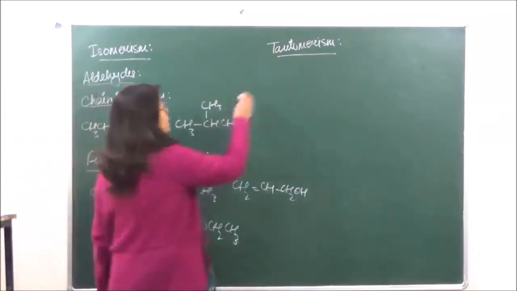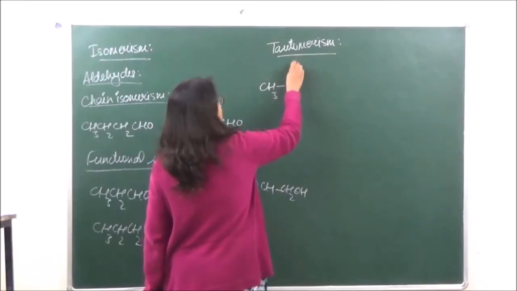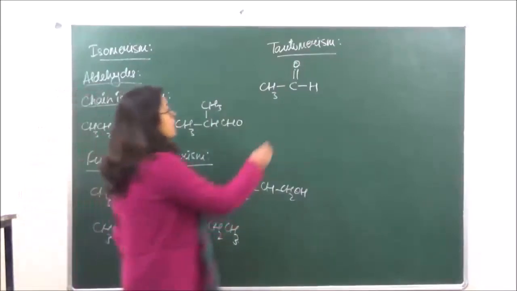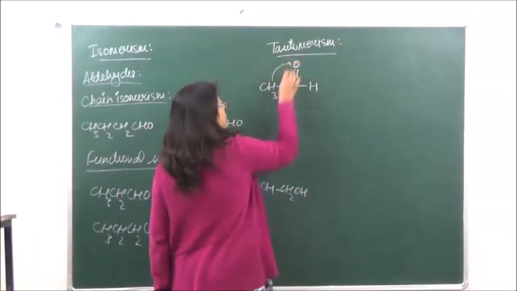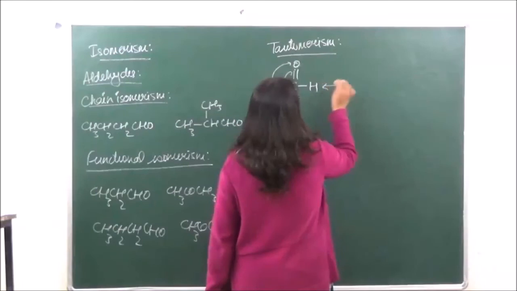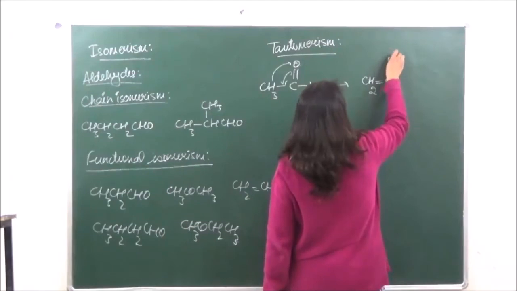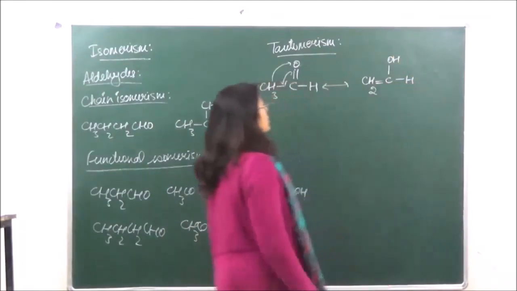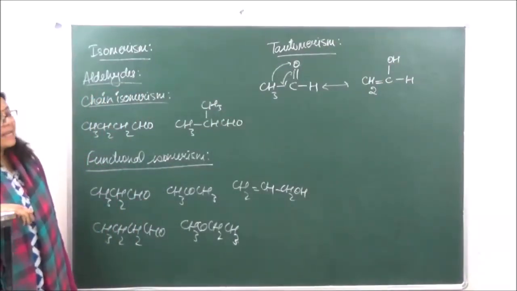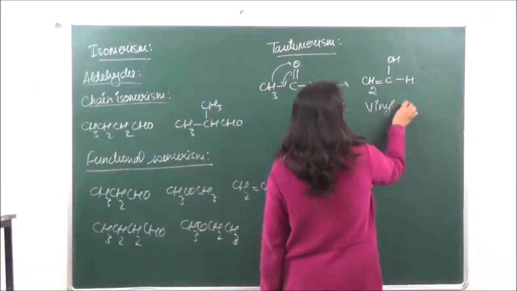So if we are taking over here acetaldehyde, the double bond is going to shift, and one of the hydrogens is going to shift towards oxygen, such that the tautomer which we are going to get over here is CH2 double bond C, OH and H. This is known as vinyl alcohol. Okay? So the tautomer of acetaldehyde is vinyl alcohol.